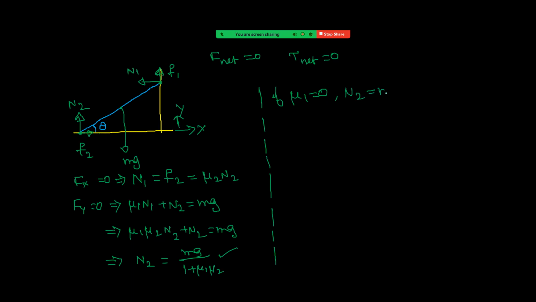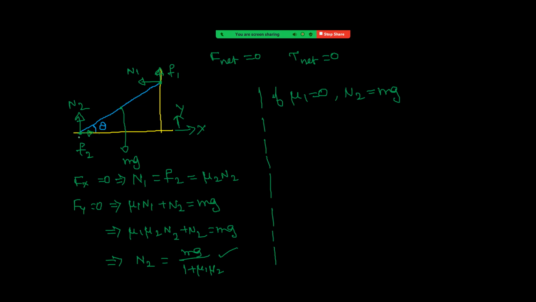So in this, what we can say is mu2 we cannot take 0, because if the ground is smooth, then this cannot be in equilibrium. If the ground is smooth, because of frictional force, it is upwards here. Normal reaction is now on the left side.